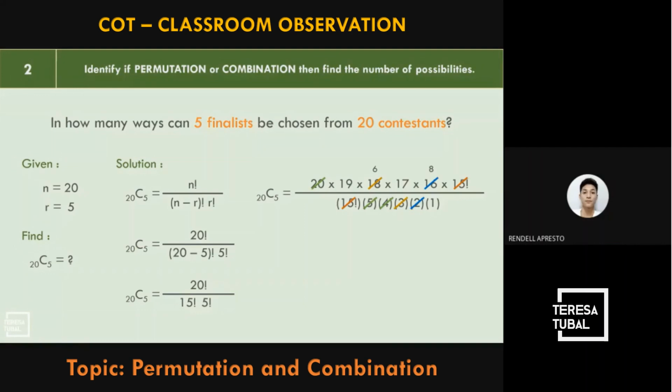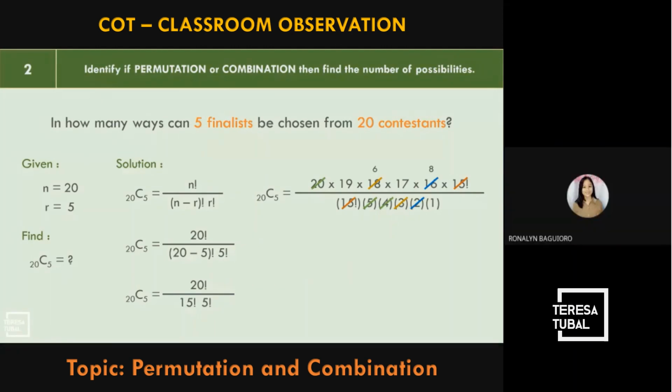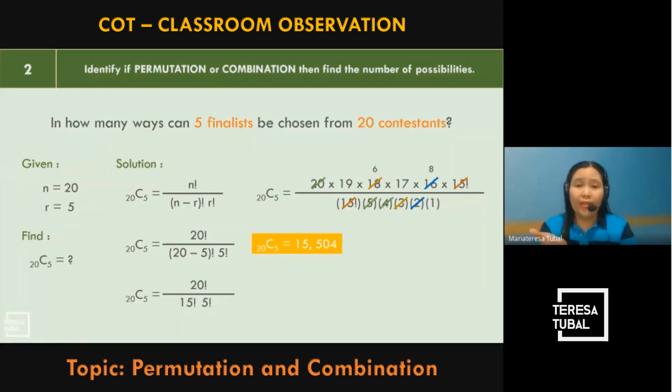Wala po, ma'am. Okay. So if you multiply all the numerator divided by 1, what is the answer? 15,504 po. So the answer is equal to 15,504. So as you can see, maraming paraan to solve this one.